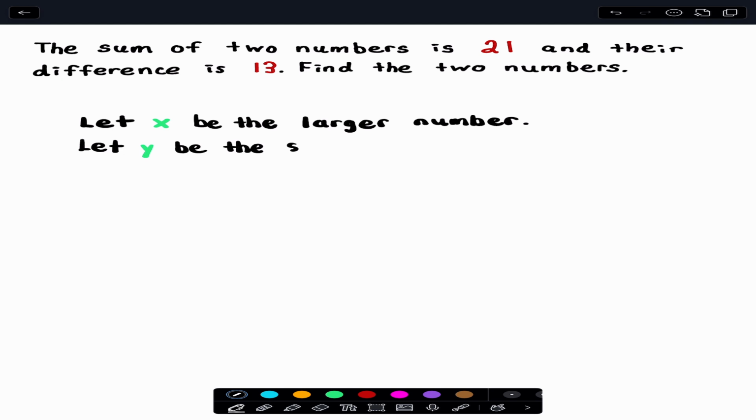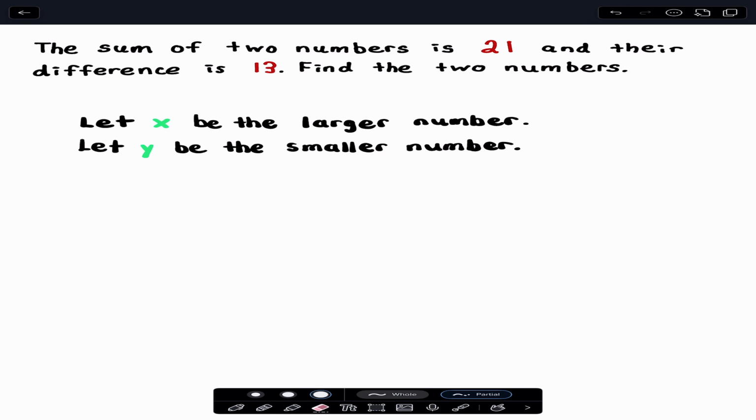So notice I'm being very specific with my let statements. So we know now whenever we write x, x stands for the bigger number, and y stands for the smaller number. Always try to be as precise as you can with your let statements so that there is no confusion.